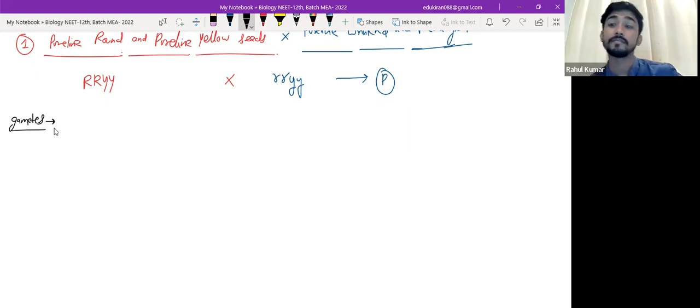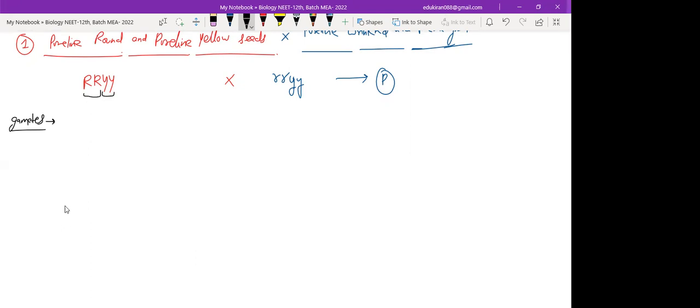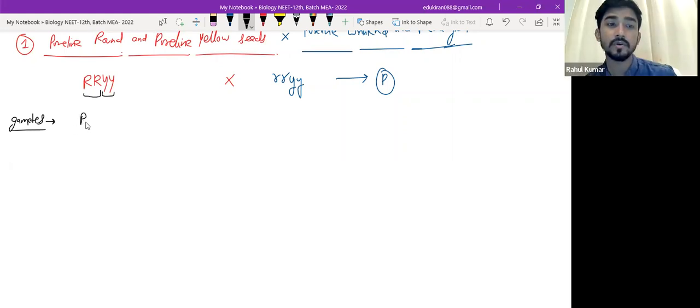No. But you are making a classical mistake here. Remember, this is one character and this is another character. It's a multi-character problem now. If you're saying in one gamete only R will go, then only the information for seed shape is there. There is no information for seed color, right?